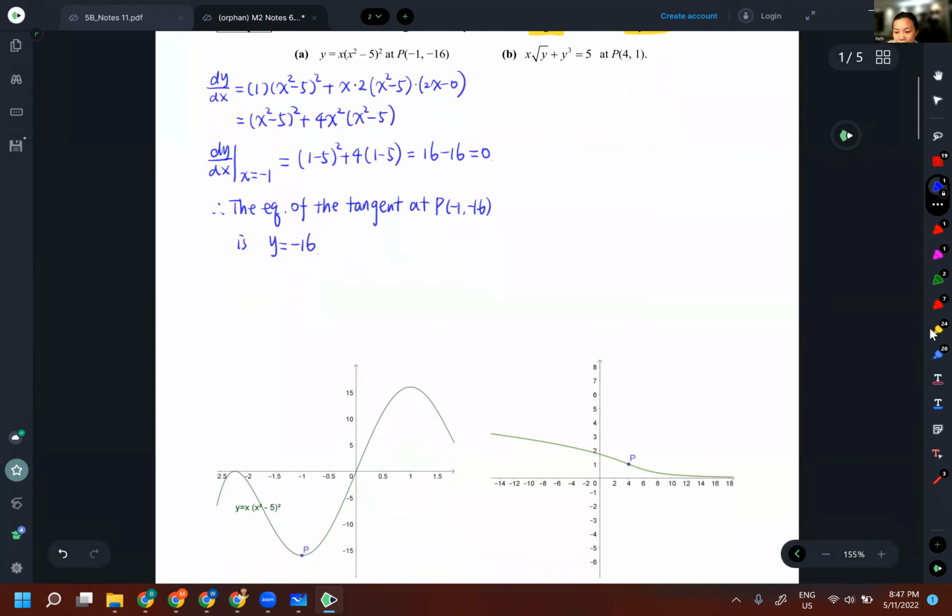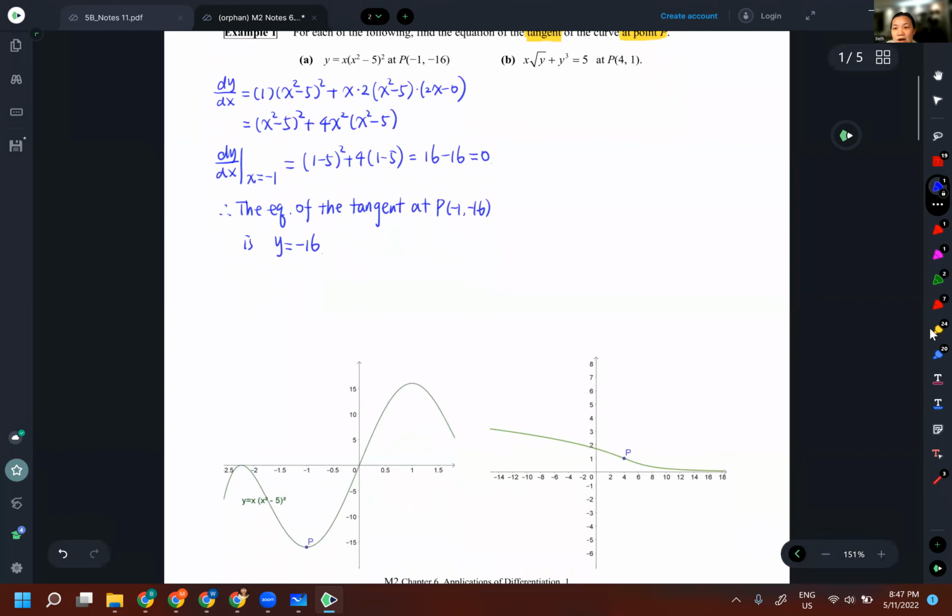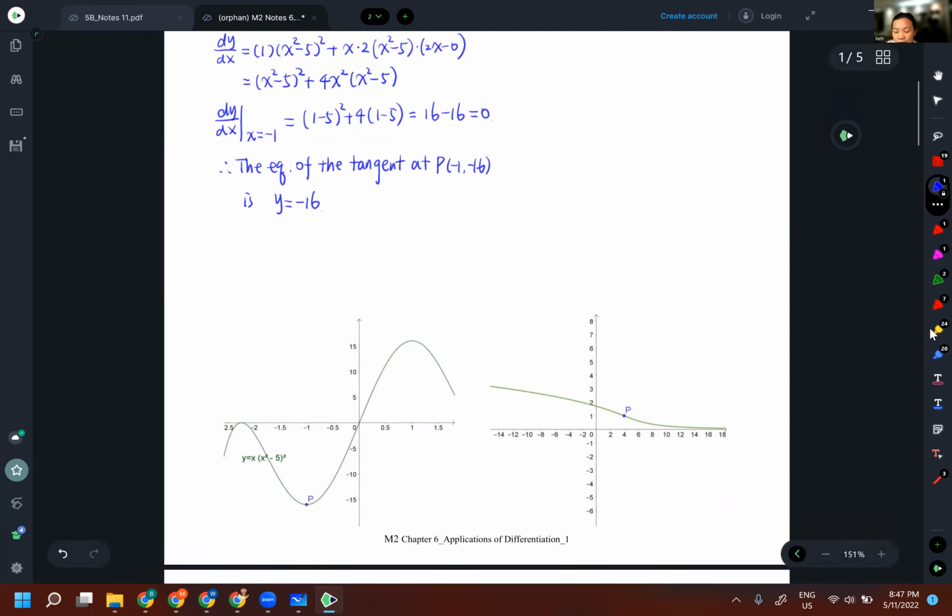Look at the graph. In the textbook, you don't have the graph, but I think the graph can help you. So I drew the graph for every question today. Now you see this is the curve, and P is at this point. There is P, and the tangent is horizontal there. And the tangent is y equals -16.